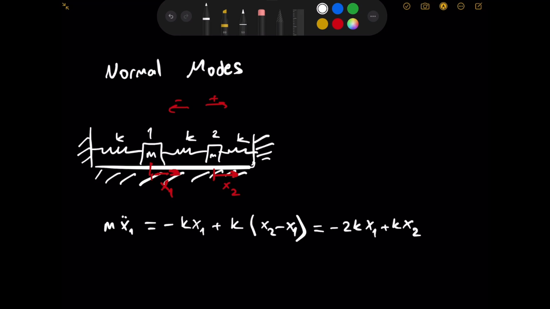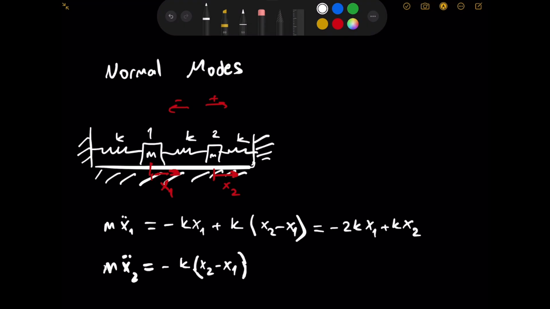Now for the second mass, we have m x2 double dot. Well, by Newton's third law, you can just know that this term will appear, but it will be opposite in direction this time, so minus k times x2 minus x1, or you can do a similar reasoning to figure that out.